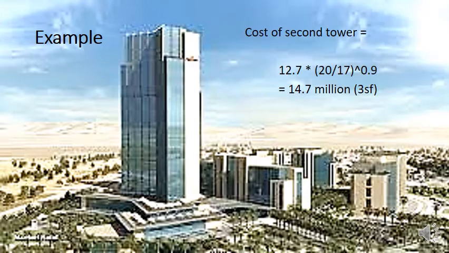Well, we take the value of project A and we multiply it by the capacity of project B, which is 20 stories, divided by the capacity of project A, which is 17. Now that ratio, that 20 over 17, is raised to the predetermined exponent of 0.9. And so we are making an estimate here that the project is going to be worth about $14.7 million.